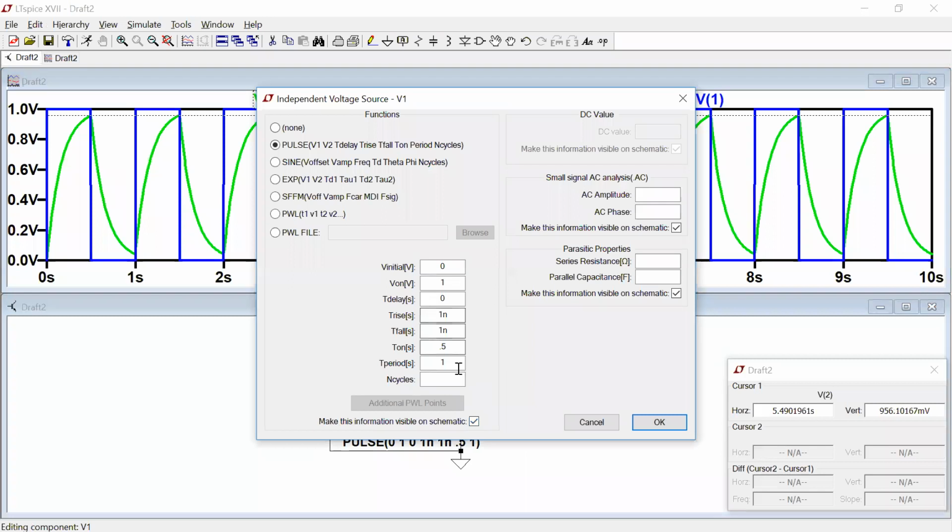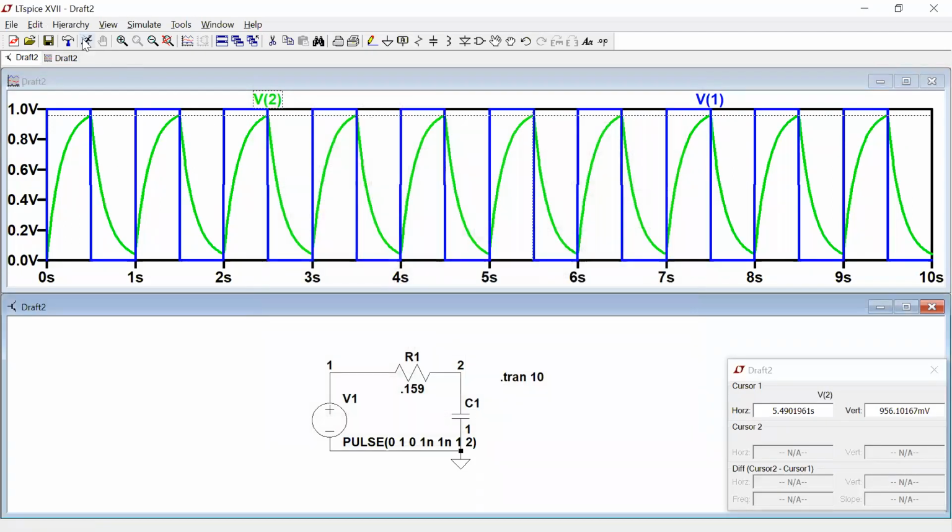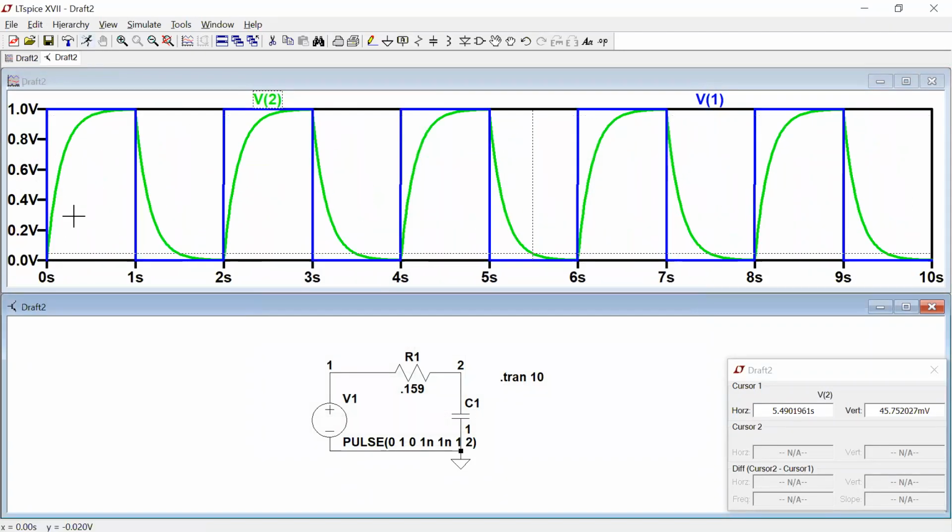So if I just double it, you see that it fully rises, it fully comes down. And what happens here is happening down here. There's no change to it.